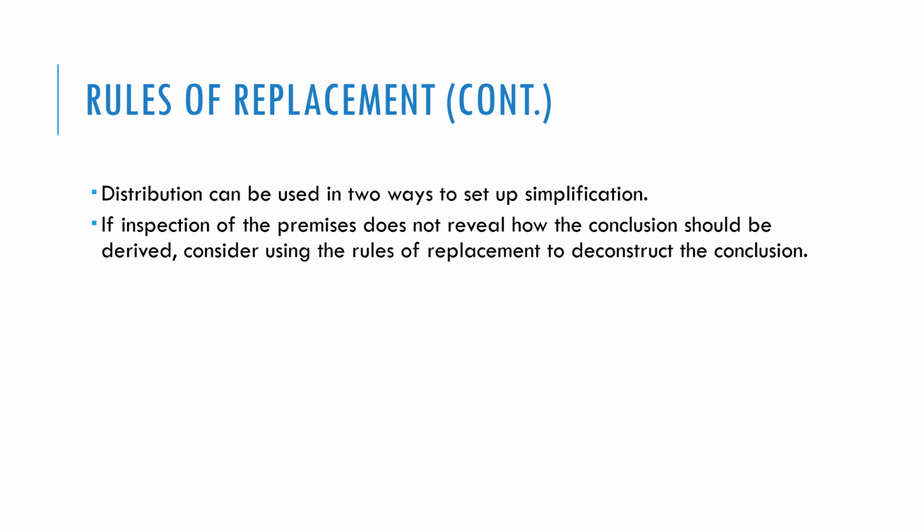Also, distribution can be used in two ways to set up simplification, and note that inspection of the premises does not reveal how the conclusion should be derived. Consider using the rules of replacement to deconstruct the conclusion, which essentially means that we might need to replace one propositional form with another in order to derive certain conclusions.